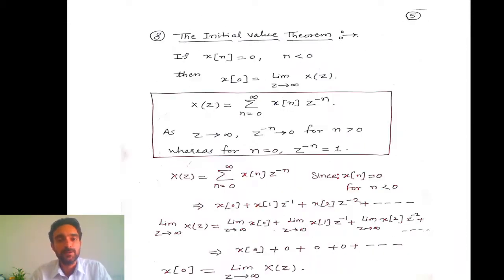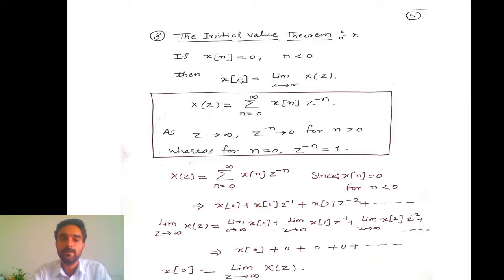And another very important property is the initial value theorem. What is this initial value theorem? If x of n, a discrete time sequence, is 0 for n less than 0, then the value of this signal at 0, meaning x of 0, is equal to the limit of X of z as z tends to infinity.